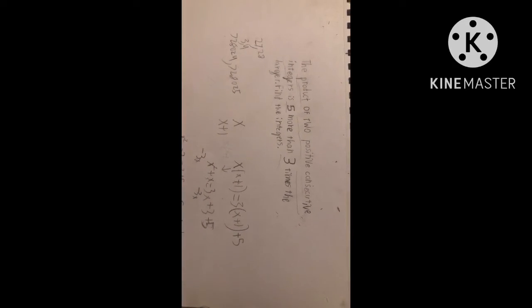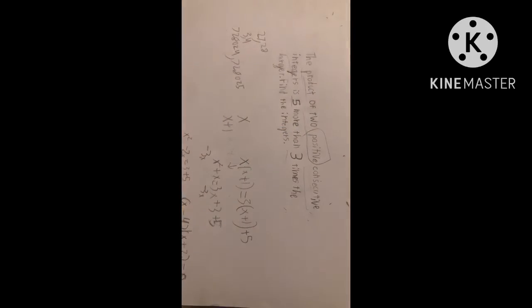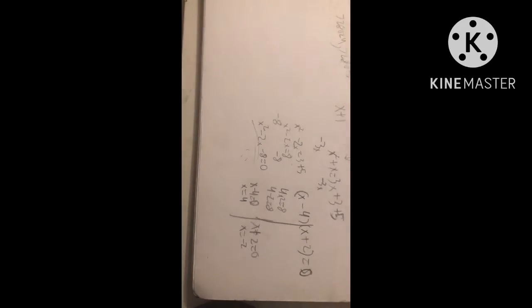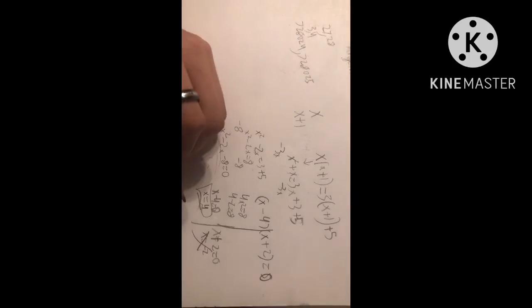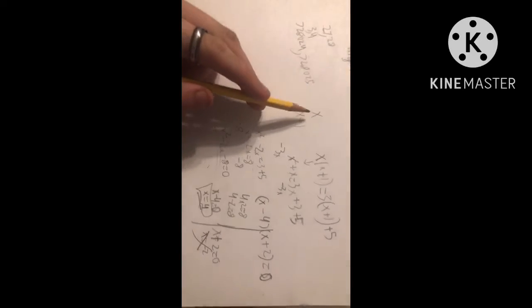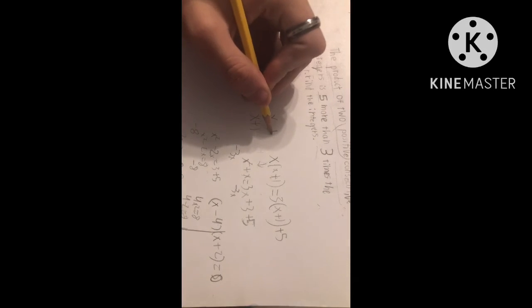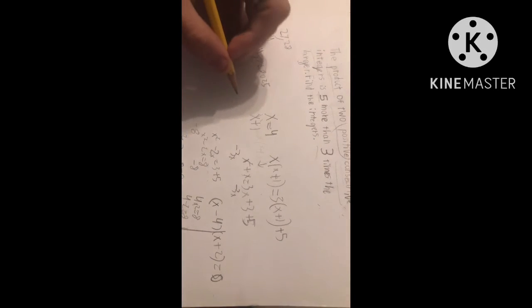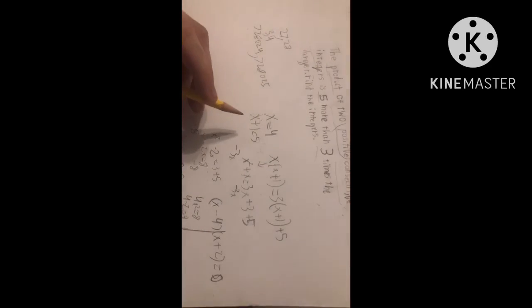If you look back at the question, it says the product of 2 positive integers, and one of these is negative. So that means we can't use this one, but we can use this one. So that fits our question. x is equal to 4, meaning that x plus 1 is equal to 5.